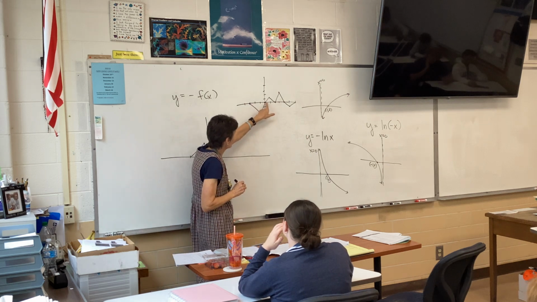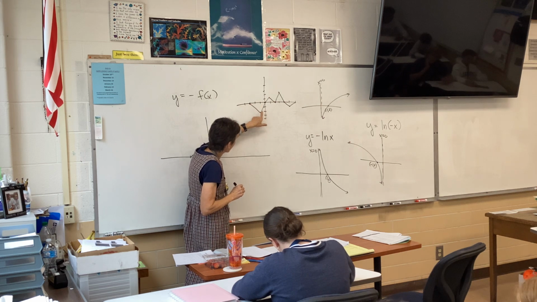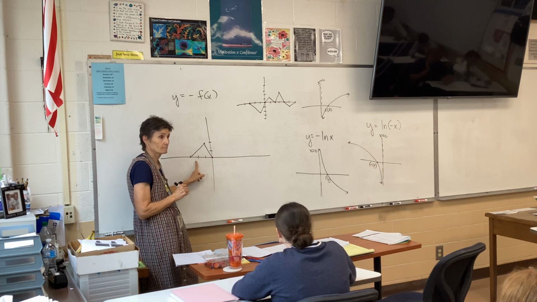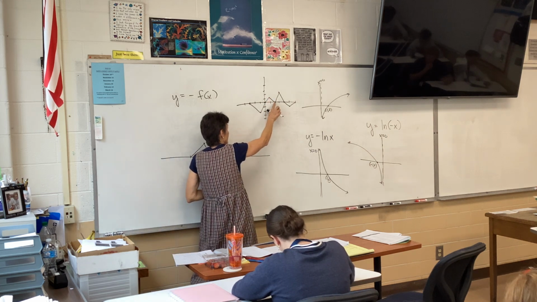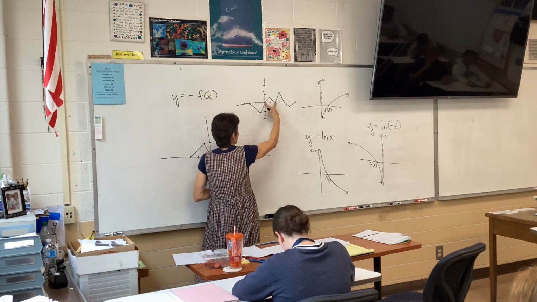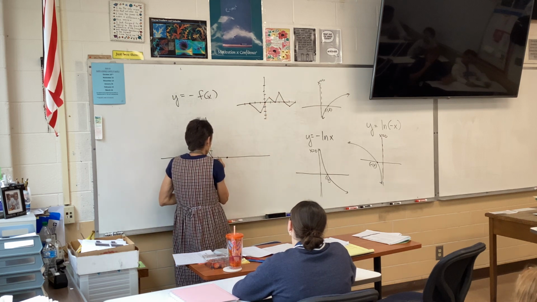So this point doesn't change, that point doesn't change, but instead of coming down to, this one's gonna go up to. And then what about this little triangle right here? These 2 points aren't gonna change, but the V isn't gonna go up one, it's gonna come down one.